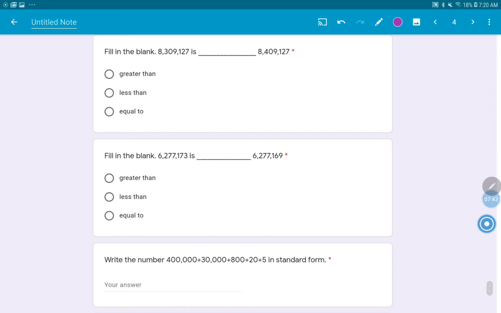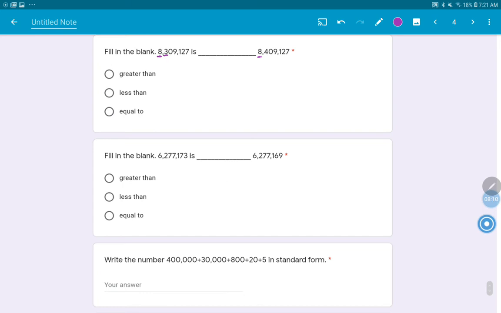All right. Fill in the blank. 8,309,127 is greater than, less than, or equal to 8,409,127. So to figure out which number is greater, I'm going to start with my largest place value. Both numbers have 8 million. So I'm going to go to my next place value.